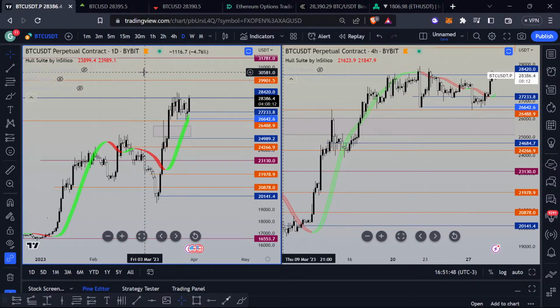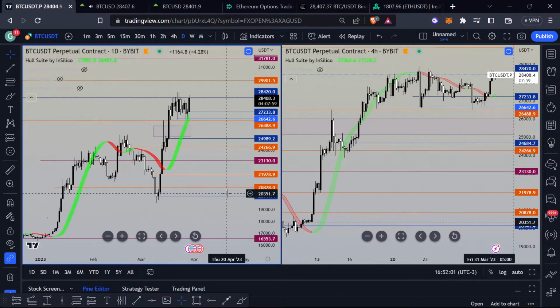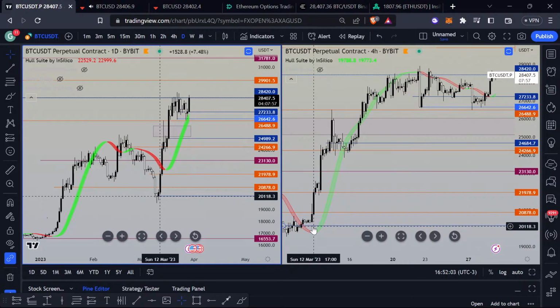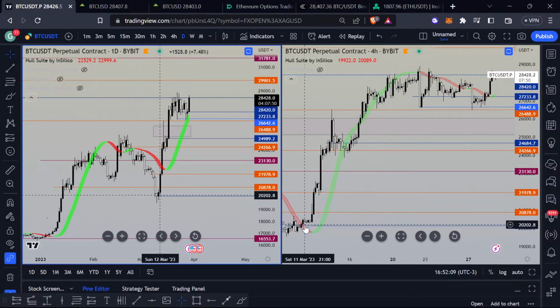By the way, it's just a simple moving average, but it has some advantages over the ones where you have to play a lot with the lengths to get what you need. In this case, I found that it's super responsive.